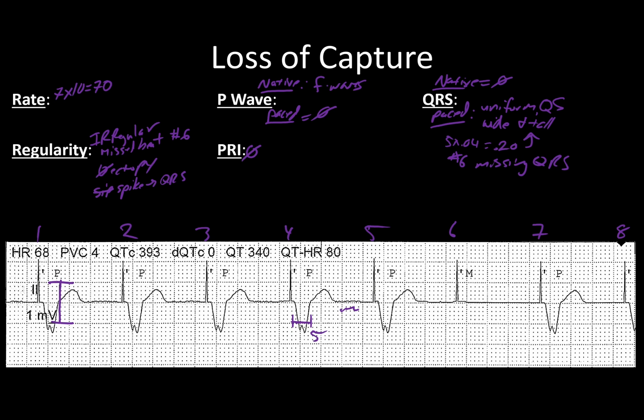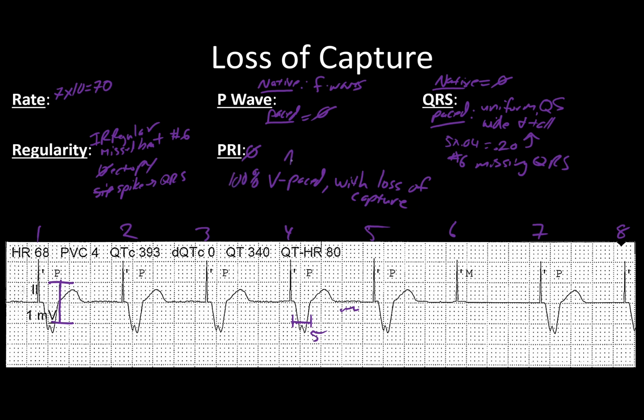What this really comes down to then is, without doing much else, we can say that we are V-paced with loss of capture. That's about all we can say about this. You could maybe say that they're 100% V-paced.